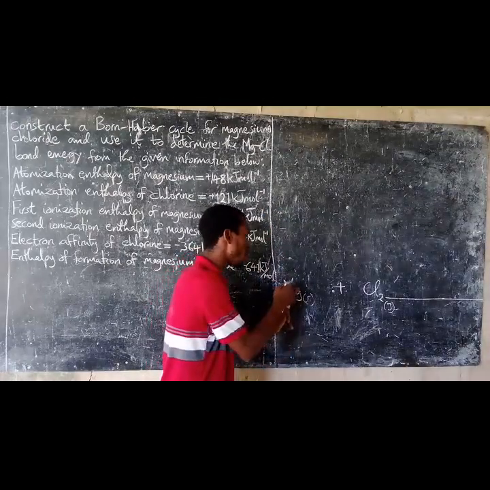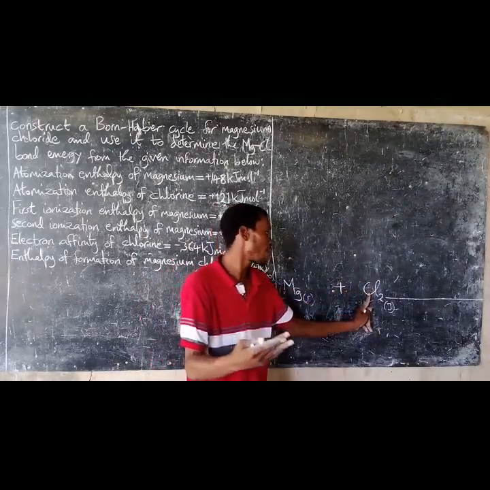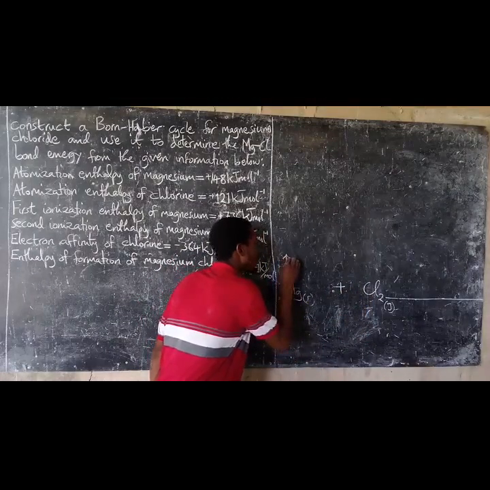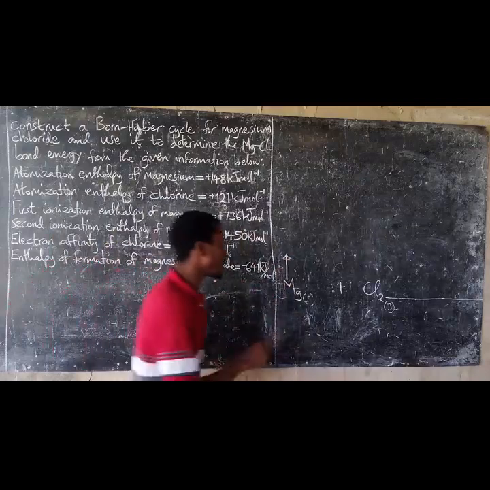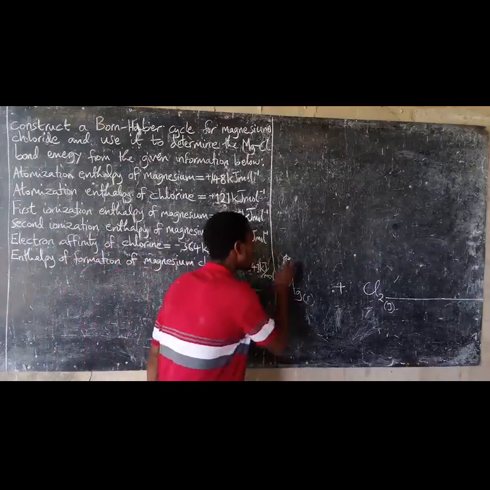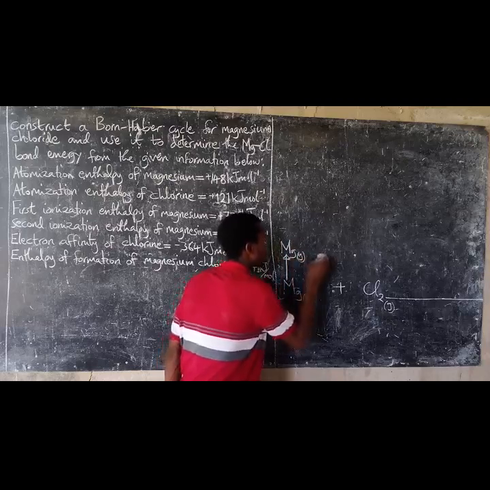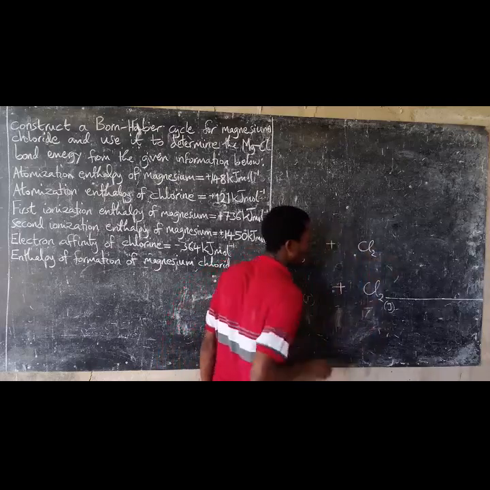Then, after that, we shift to the non-metallic element. Magnesium absorbs the first amount of heat energy, which is called the atomization energy. Magnesium element is atomized to form magnesium gaseous form.